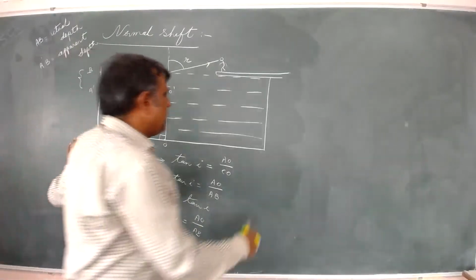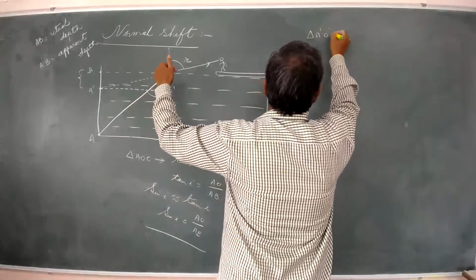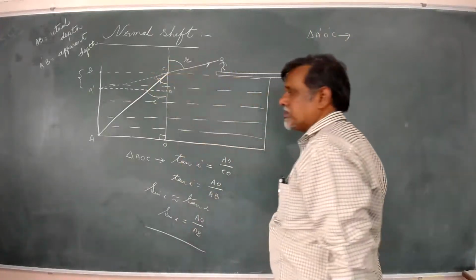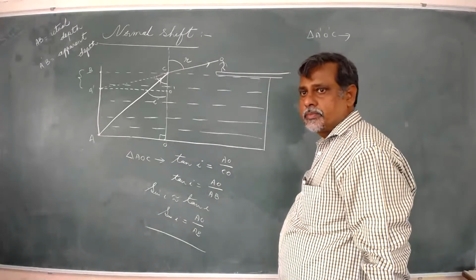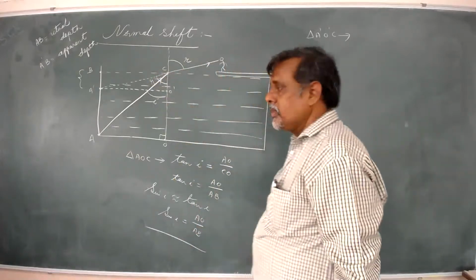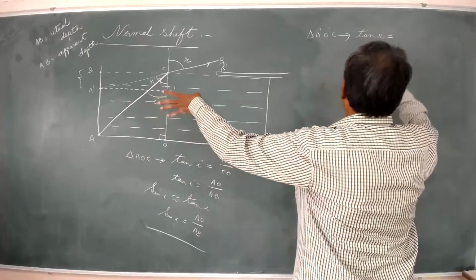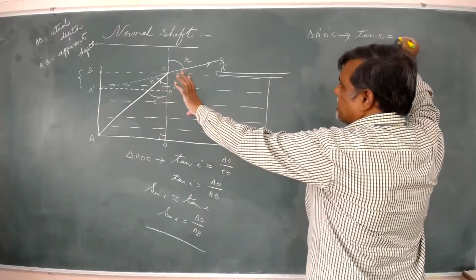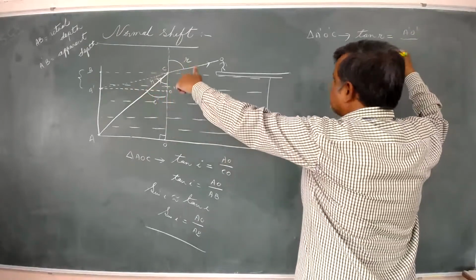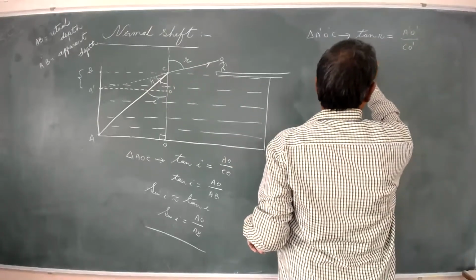Right? And in the same way, look at the triangle A dash O dash C. In this, what is this angle? R. Okay, this is R. So tan R is opposite by adjacent, A dash O dash by CO dash.